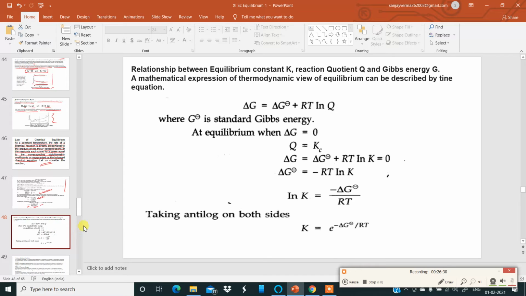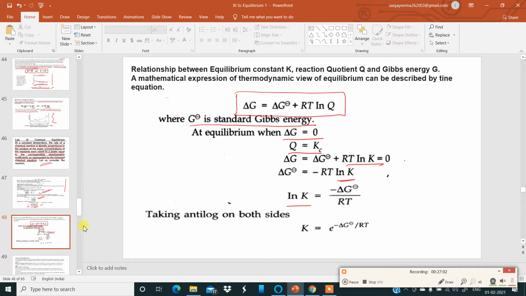Now there is one relation between equilibrium constant K, reaction quotient Q, and Gibbs free energy. So try to learn this formula. Delta G is equal to delta G naught plus RT ln Q, where delta G naught is called the standard Gibbs free energy. At equilibrium, delta G is 0 and Q is Kc. So applying this formula, you get delta G naught is equal to minus RT ln K, or ln K is equal to minus delta G naught by RT.